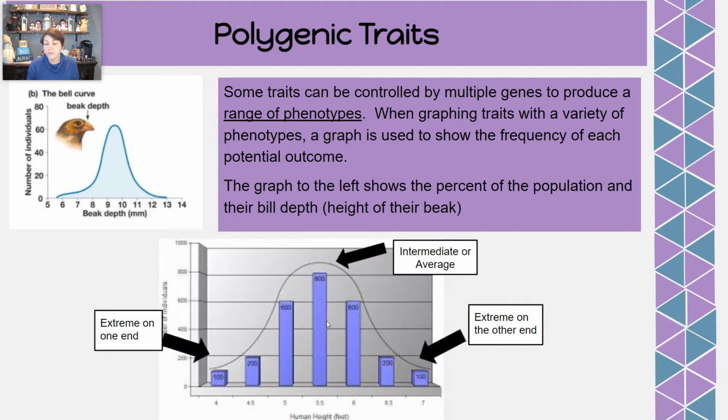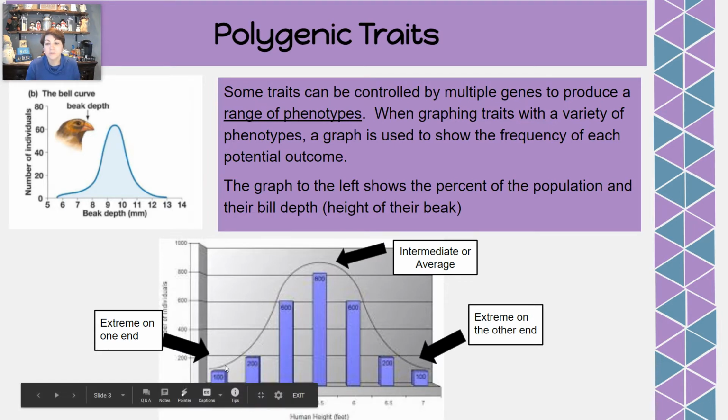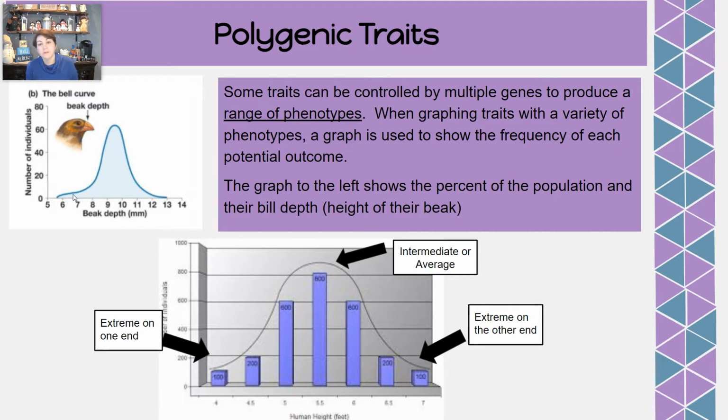So there's a little bit of vocab that you need to know when it comes to these graphs, and they're very simple. The traits that are on either side, so for the bird beak, it'd be 6 or 13 millimeters, those are considered the extremes. And notice that not a lot of organisms typically have the extremes.